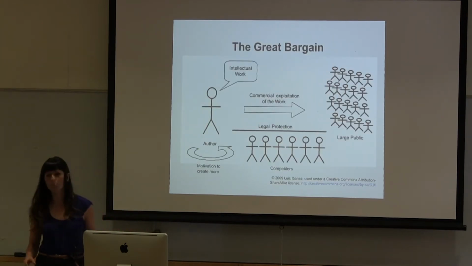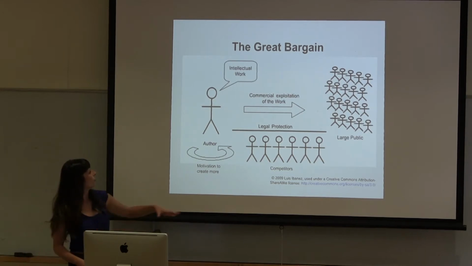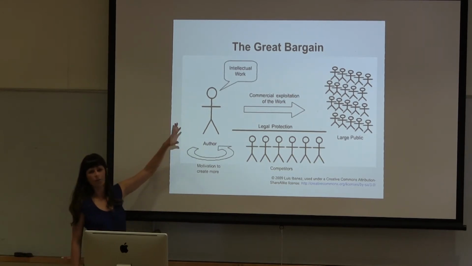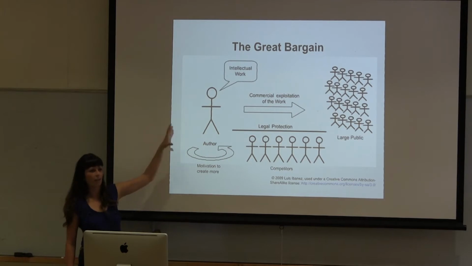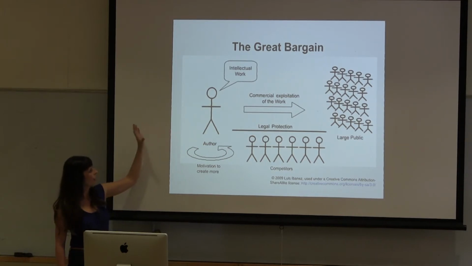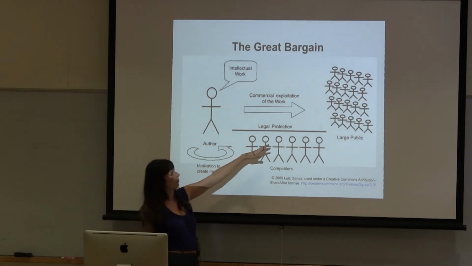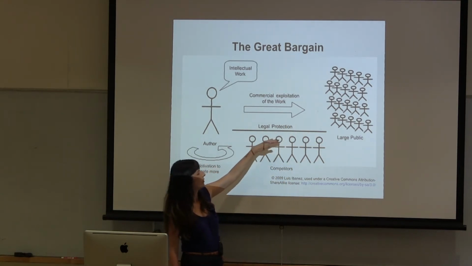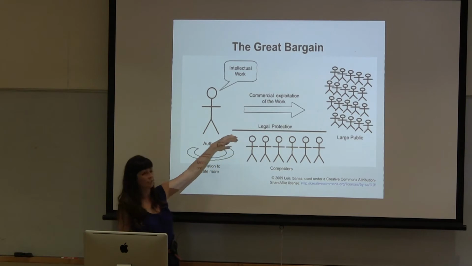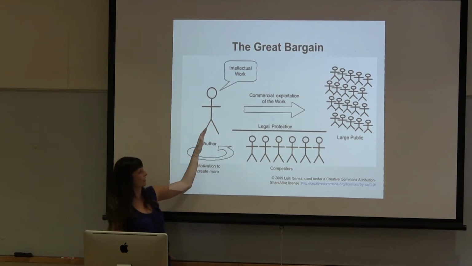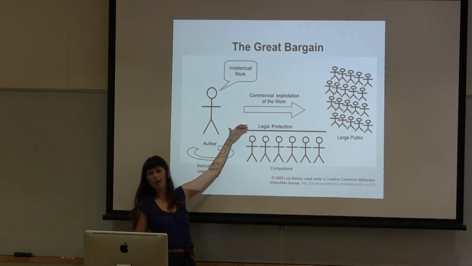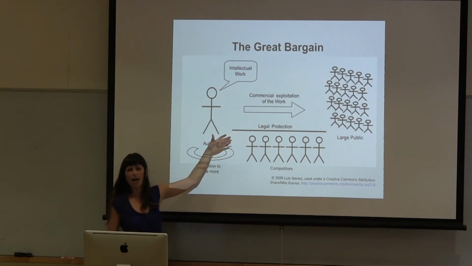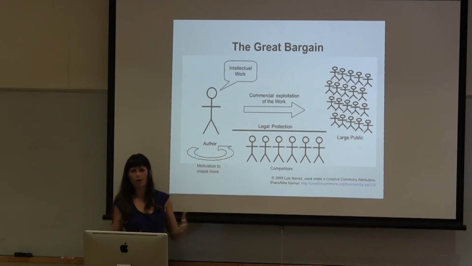Basically, we get this bargain, right? So we get the author or the inventor or the creator putting out their intellectual work and sharing it with us, with the public domain. But in exchange for that, in exchange for promoting this innovation that they are doing, we give them some kind of legal protection from people copying what they're doing so that we can continue to motivate them to create more.